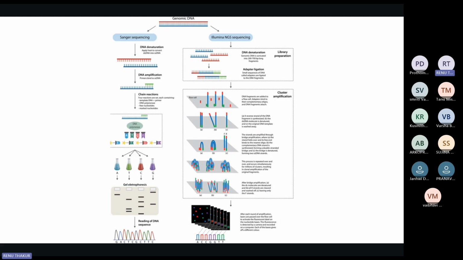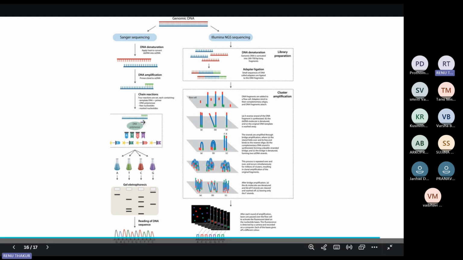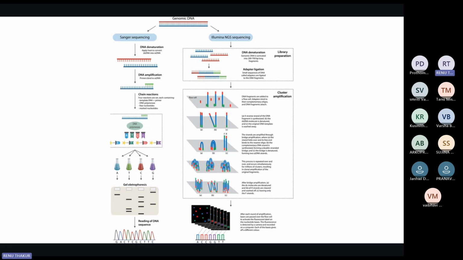So this is the difference between Sanger sequencing and Illumina NGS. Sanger sequencing is a very old method compared to Illumina NGS sequencing. It is also considered a bit dangerous because it involves the use of some chemicals.